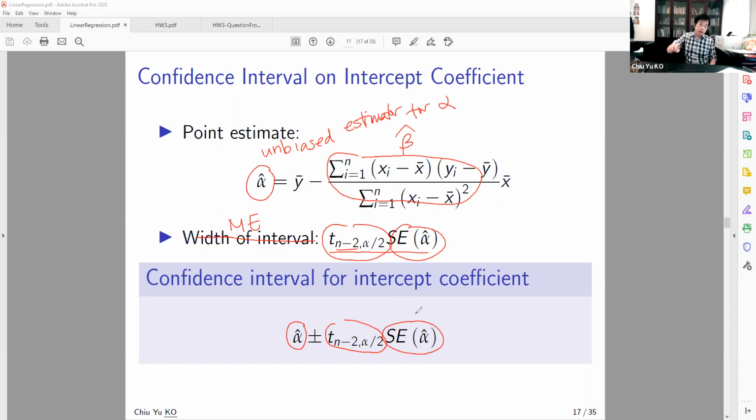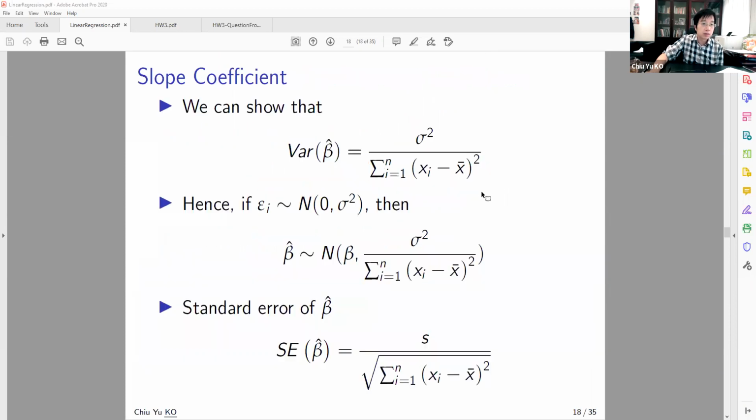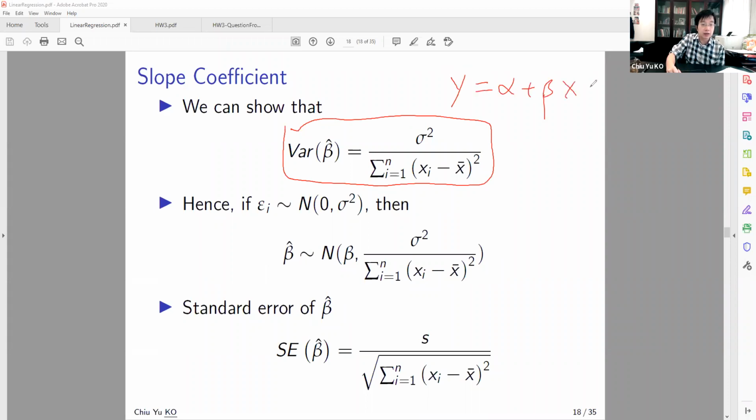So I guess we can continue to talk about the beta. Okay. So it will be the same idea behind. We are going to show the beta. This is the most important thing in the regression, because once you run the regression, you have alpha plus beta x, right?